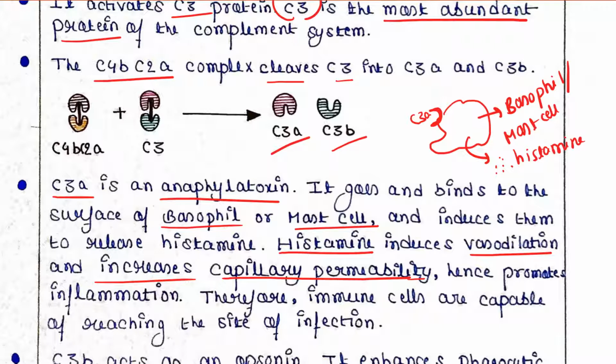And also histamine increases capillary permeability. That means the blood capillary is more permeable. That's why it permits some immune cells to enter at the site of infection from the bloodstream.